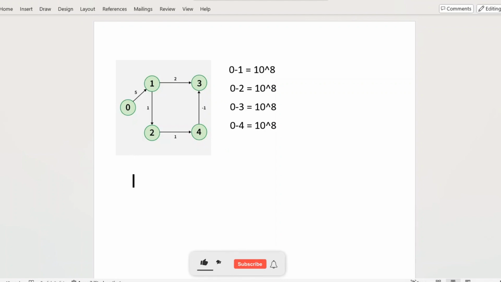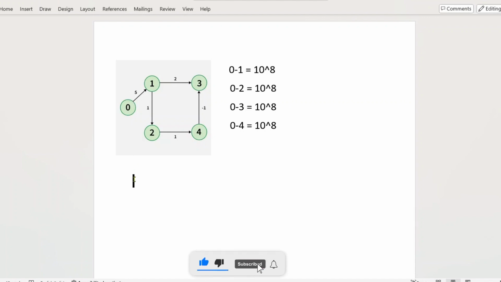Now the algorithm part. Given that the source vertex is 0, what are the nodes which are directly connected to the source node? 1. See, 0 to 1 is directly connected.